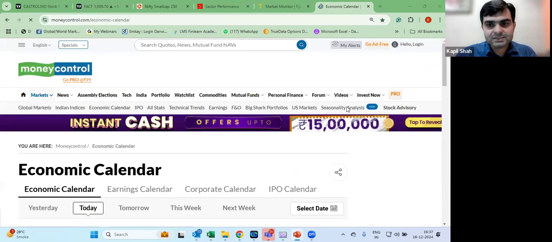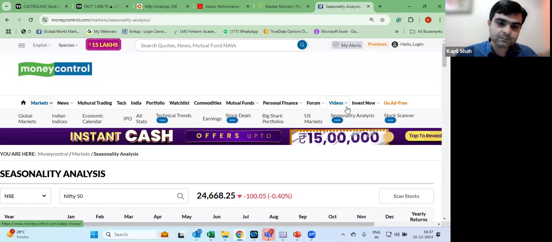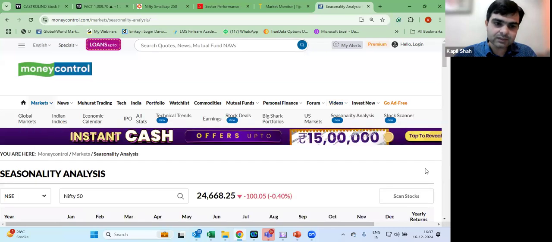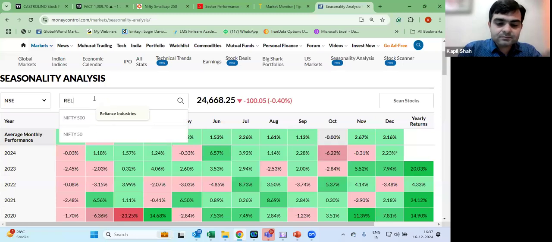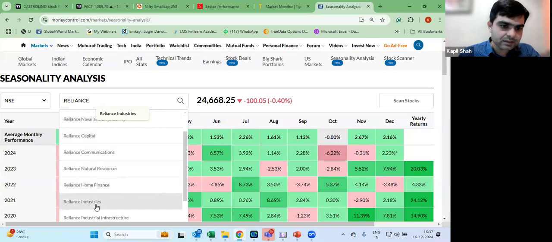Over there, this is my seasonality. Any stock in your mind you want to check? Any one particular stock that you are interested in. What is the seasonality of this particular stock? You can go over here. That is the page that opens by default, and you put your stock over there. For example, I put Reliance, and whatever Reliance names are there will come up.